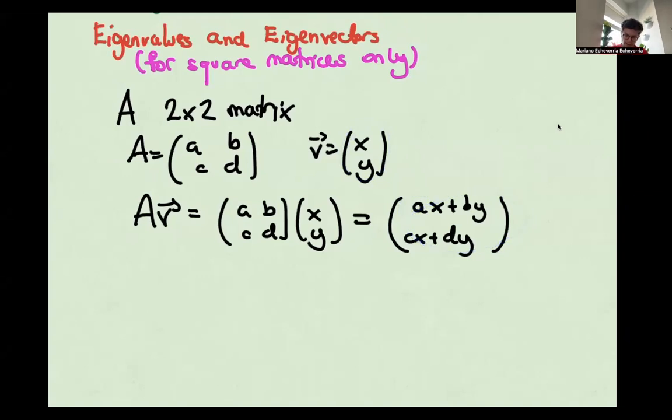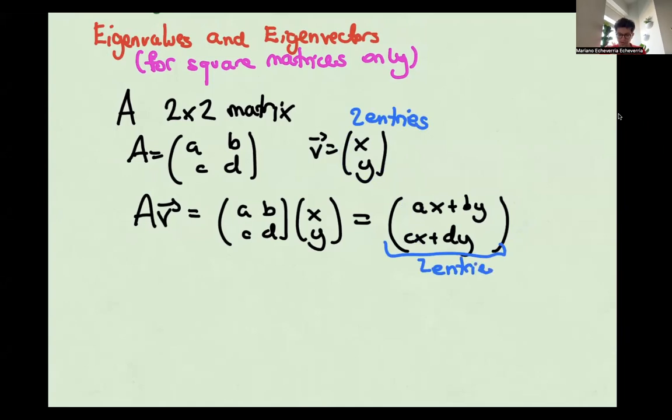The initial vector has two entries, and the new vector has two entries as well.